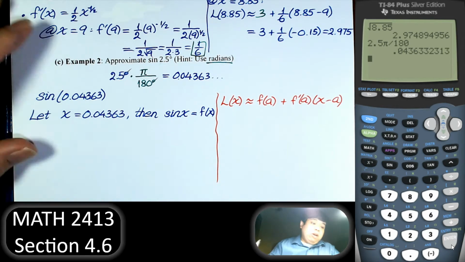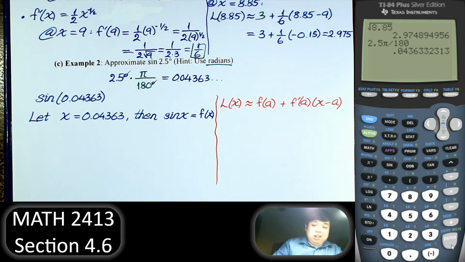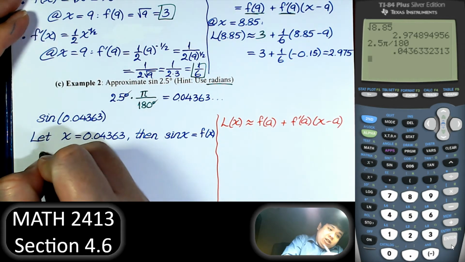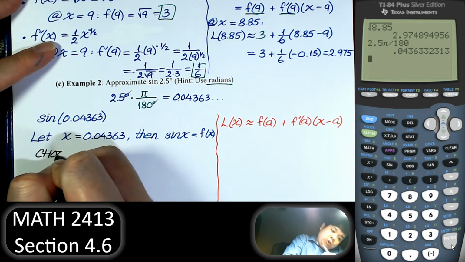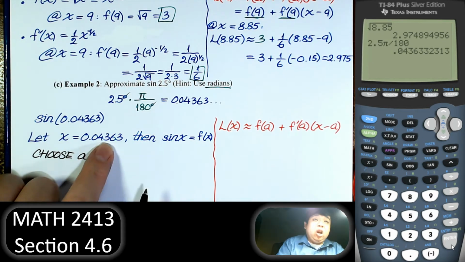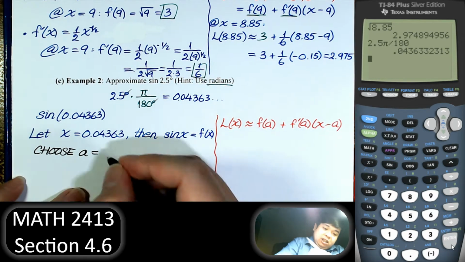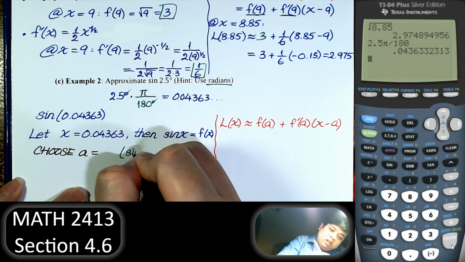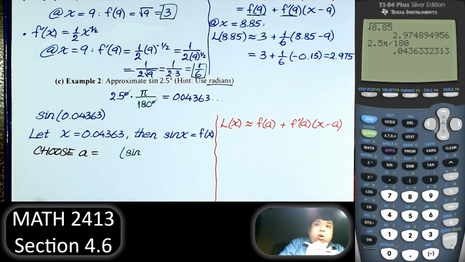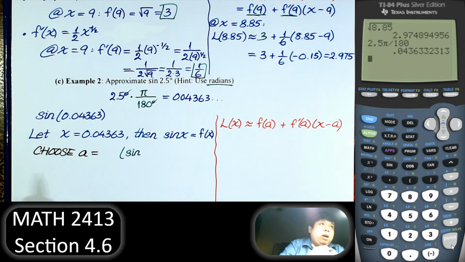We will choose a value that is close to this, where sine of that value is convenient to evaluate. So what do we choose? Whatever we choose has to be close to this, but has to be convenient. So sine of what values is convenient? 0, pi over 3, pi over 6, pi over 4, those are the values that we know, right?